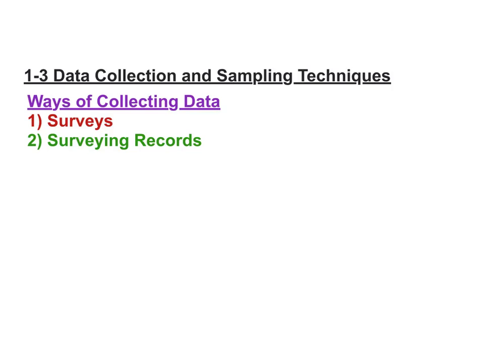So that would be one example of surveying records. You could have a table that has a bunch of data in it, and you were going to go through that and investigate that data, analyze. Another way to look at this might be analyzing records versus surveying records. Okay, so that's another way to collect data.